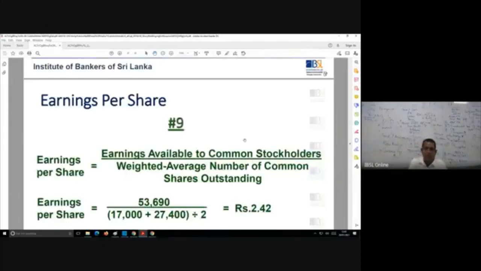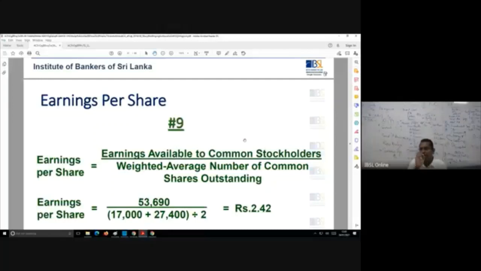share. Right? These are the market ratios, which are calculated only for listed companies. First one is earnings per share, EPS. EPS is calculated based on earnings available to common stockholders.